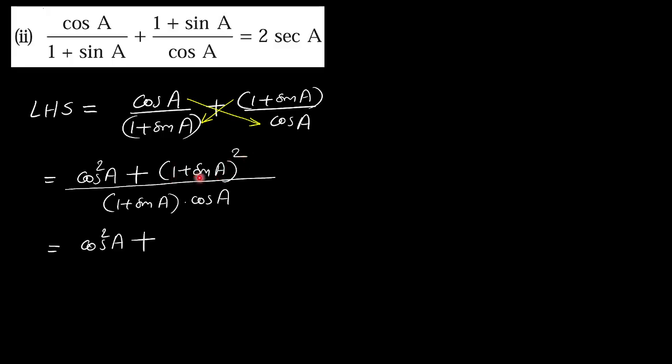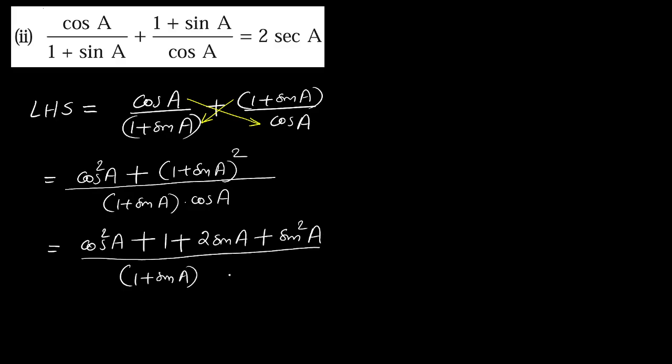So a square plus 2ab plus b square. 1 square is 1. 2ab will be 2 sin A. Plus sin square A. Denominator is 1 plus sin A into cos A. You can ask me doubt once I finish the solution.